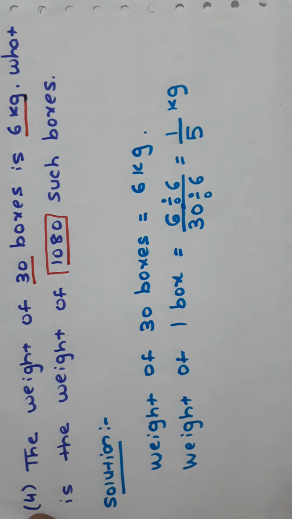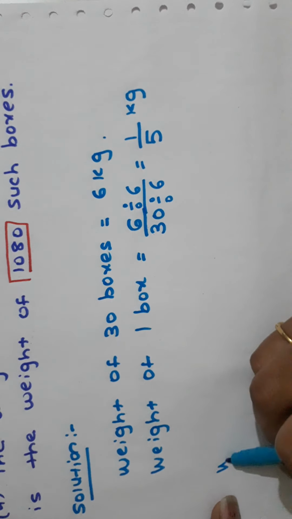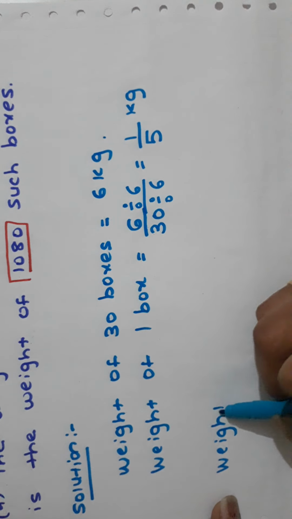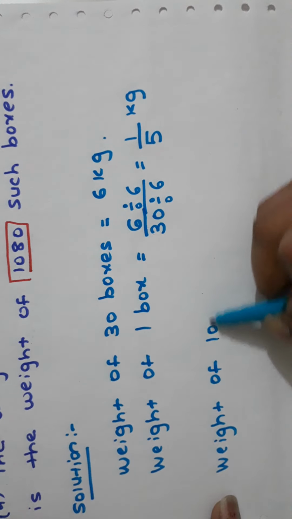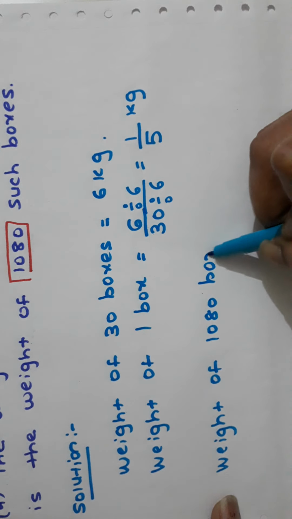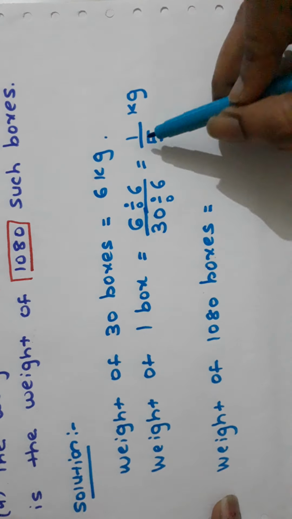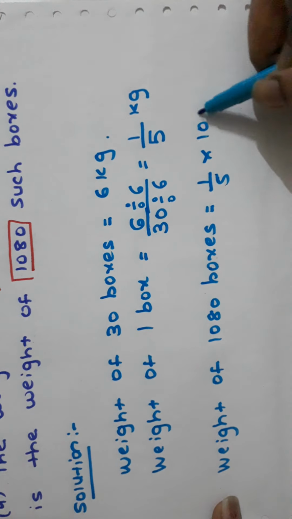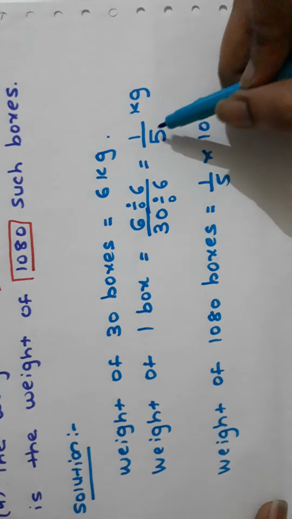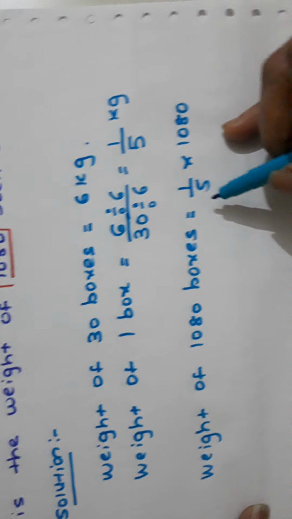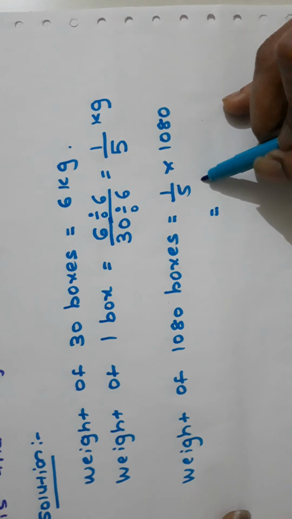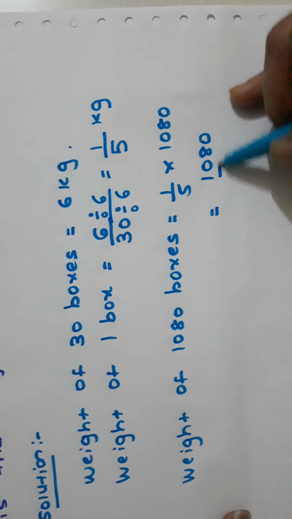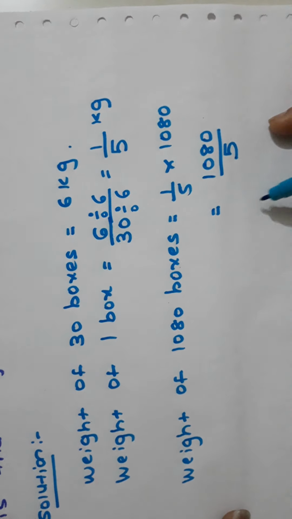Now we will find the weight of 1080 boxes by the operation of multiplication. Weight of 1080 boxes is equal to 1 by 5 into 1080. And this is nothing but 1080 divided by 5.